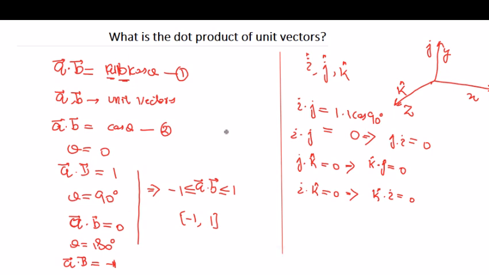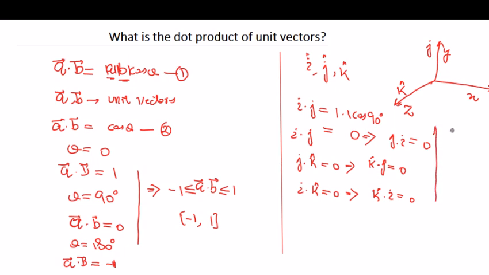Similarly, this means that the dot product of I with j, j with k and k with I will be equal to 0.